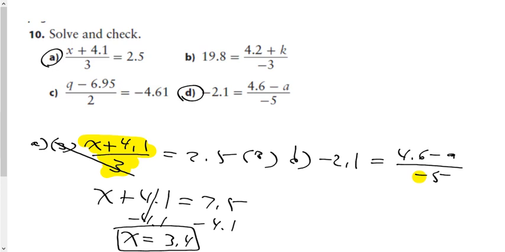A fifth of it makes sense, but a negative fifth, as long as you're procedurally okay, you can work through it. The other thing that's different about this one is that we have our constant term first and our variable term second, where here we had our variable first and our constant second, which is a typical way to express it.